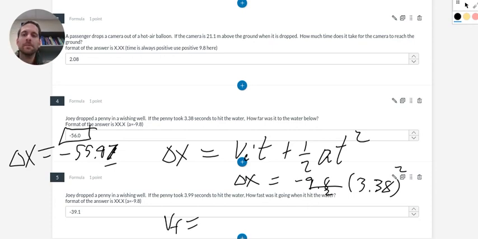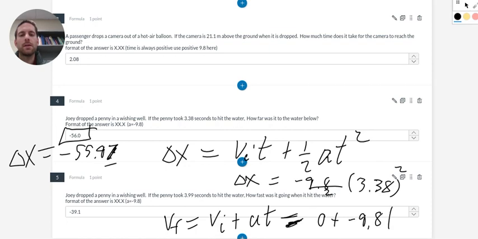V final will be V initial plus A times T. And then we're going to get 0 plus negative 9.8 times the 3.99 seconds. 9.8 times 3.99, and then we get 39.102, but it's to one decimal, so we just leave that as negative 39.1. And that's our answer.